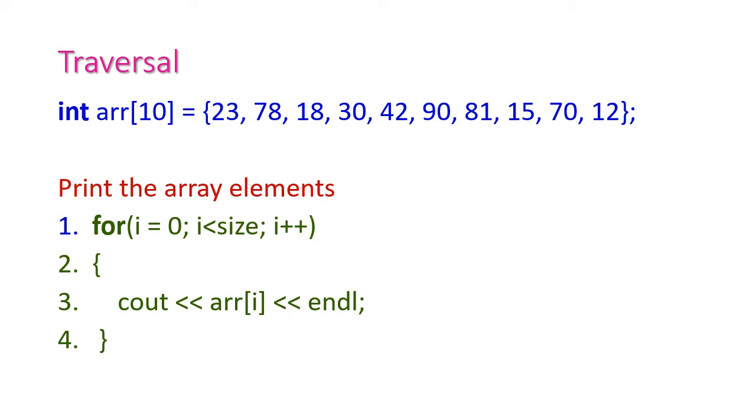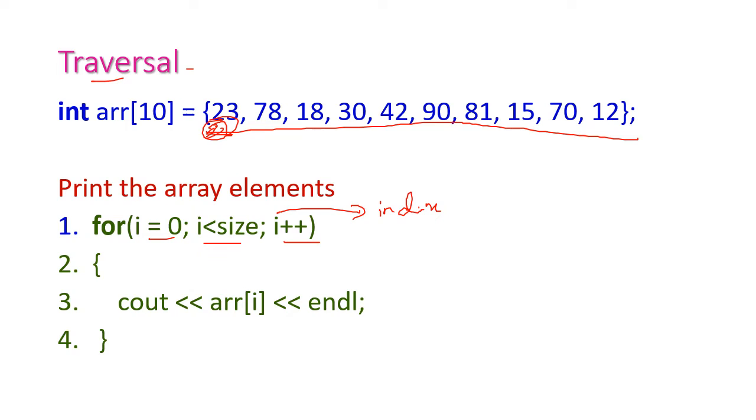The first operation is traversal. Traversal means scanning all the data items in the array, starting from the first one. For this, we can use the for statement: for I equal to 0, I less than size, I plus plus. Size indicates the size of the array. Here, I indicates the index of the array items.